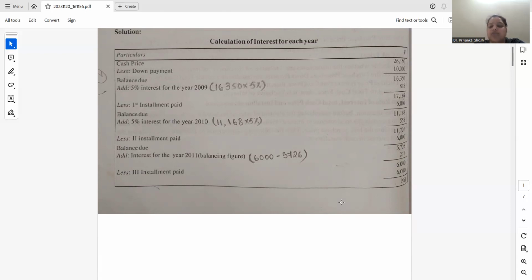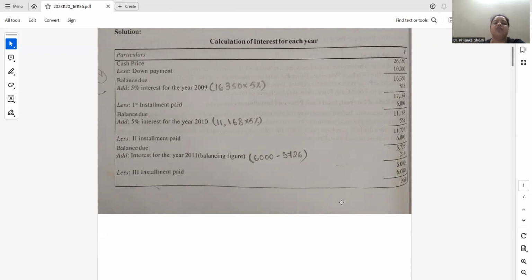This is the closing year and we are not going to make any further installment, so whatever balance comes, we treat as interest and add it to the balance due. So the installment amount and the due amount will be equal, and after the third installment my due amount will be zero.